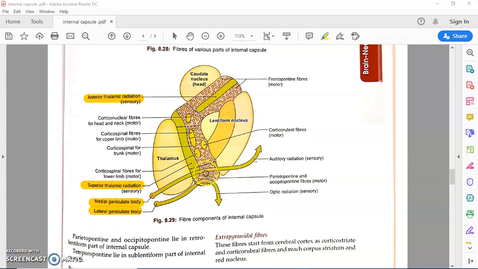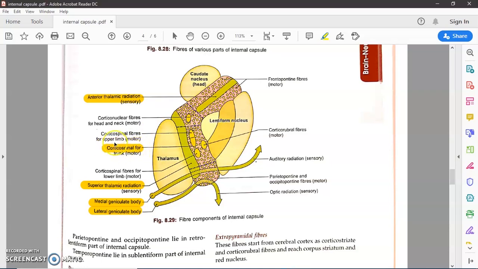Descending fibers. Descending fibers are clinically most important. First, corticospinal and corticonuclear fibers. Corticonuclear fibers pass through the genu of the internal capsule. Corticospinal fibers pass through the posterior limb. Second, corticopontine fibers.